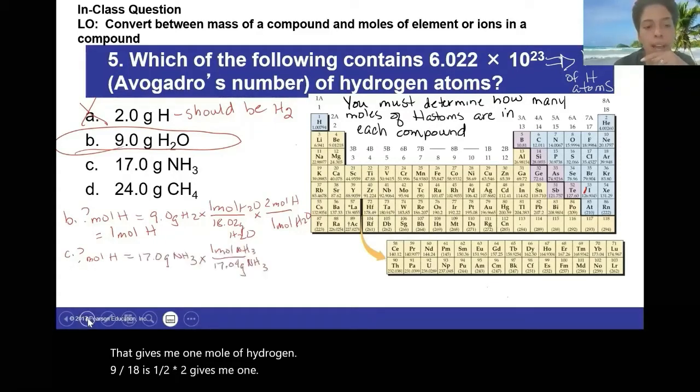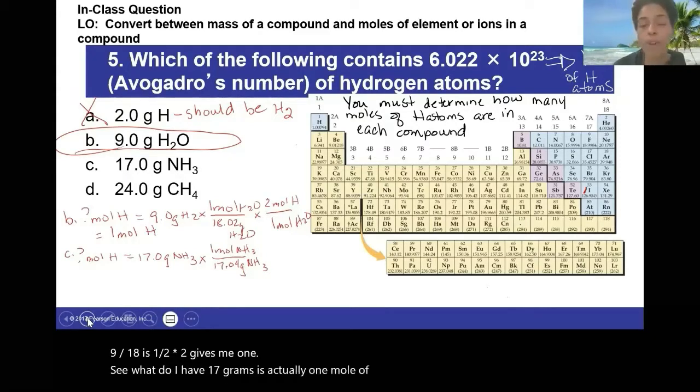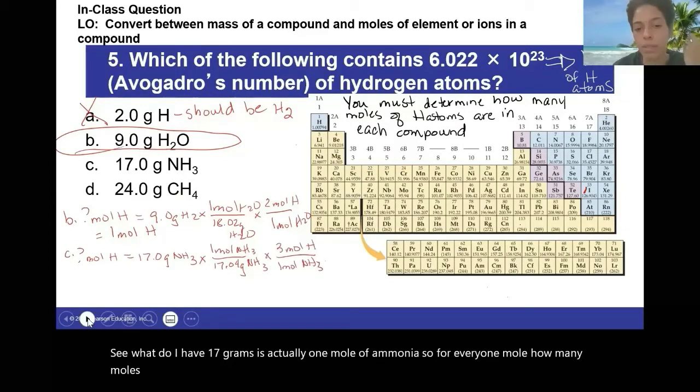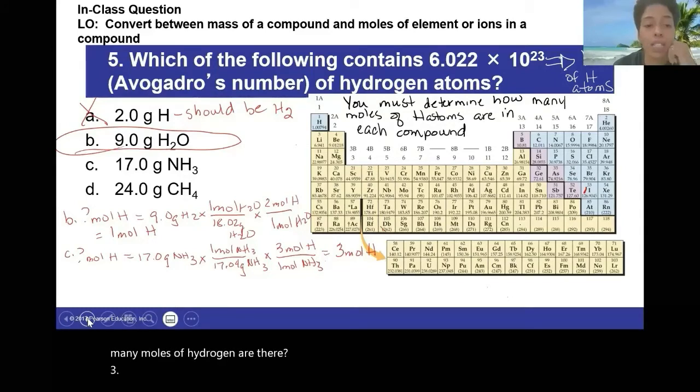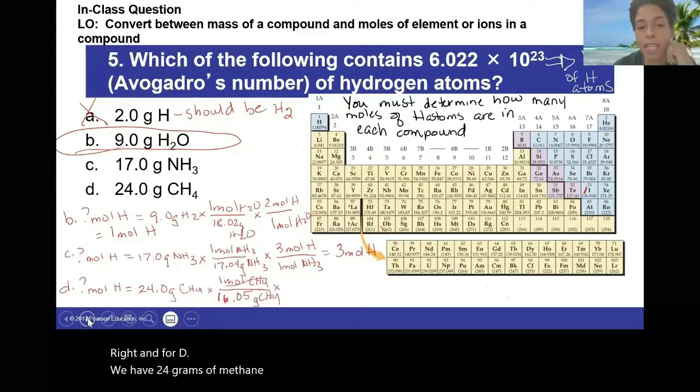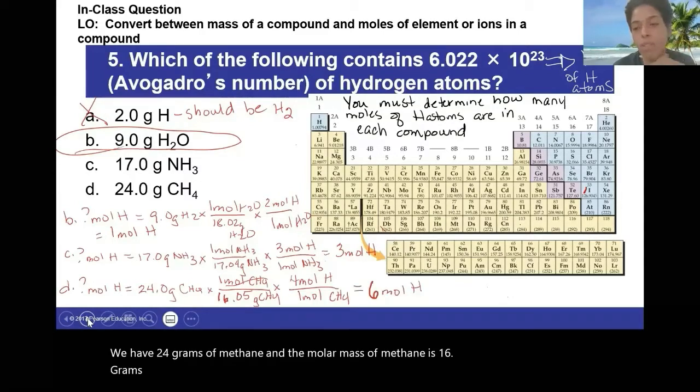C, what do I have? 17 grams is actually 1 mole of ammonia. So for every 1 mole, how many moles of hydrogen are there? 3, right? And for D, we have 24 grams of methane, and the molar mass of methane is 16 grams. So we end up with 6 moles of hydrogen.